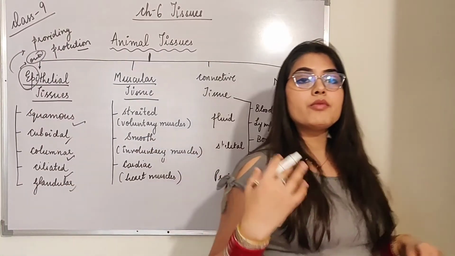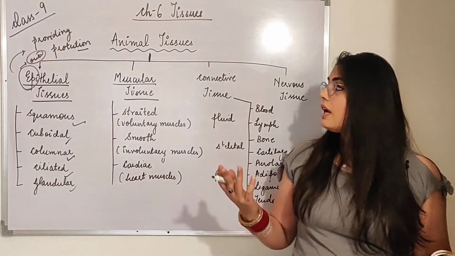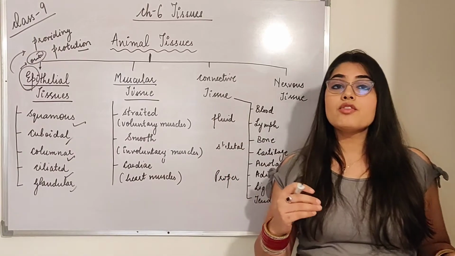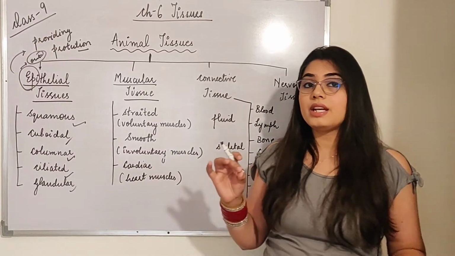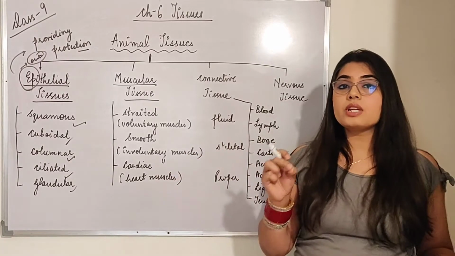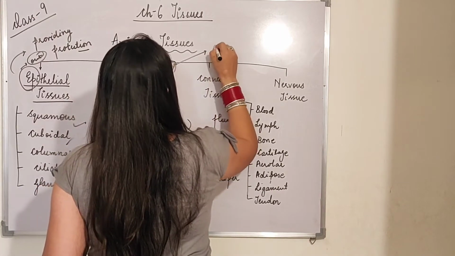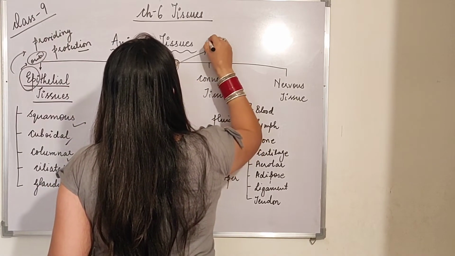Muscles are made up of muscular tissues. These muscular tissues have a variety of proteins, but the major protein present in muscular tissue is the contractile protein. Very important.